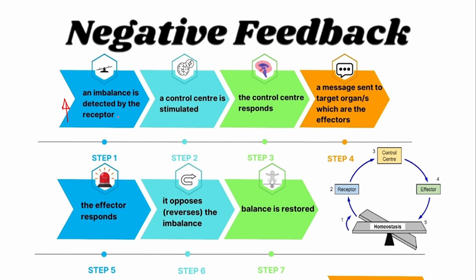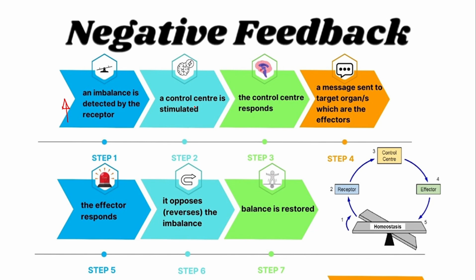So you'll have receptor cells present in your blood that will detect that there's something wrong. So it will send a signal to indicate that something is wrong, right? And so that's the first step, an imbalance detected, and then a control center is stimulated, right?